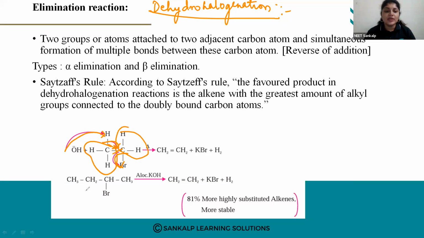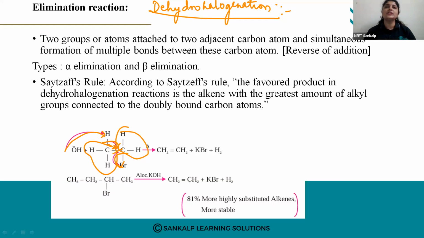Now, one more example. When you have alpha beta carbon, here you can see CH3, CH2, CHBr. One hydrogen will go, and you will get CH2 double bond CH2 plus KBr plus H2O. So these are called elimination reactions.